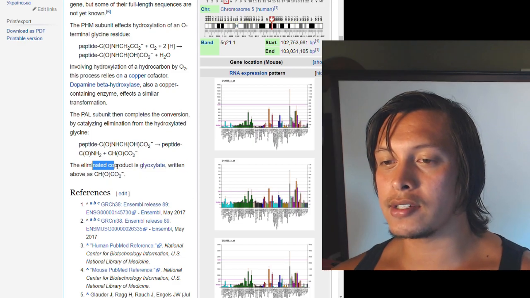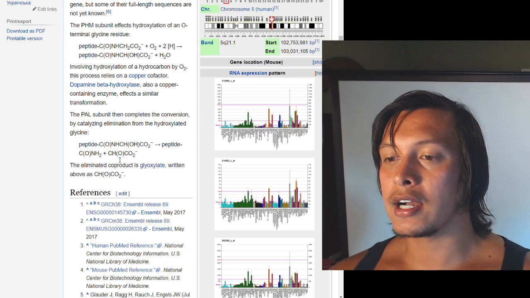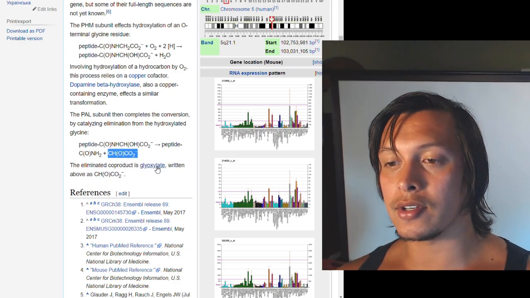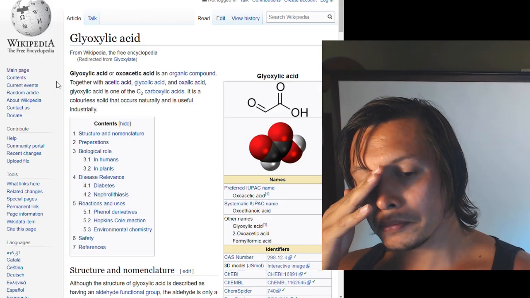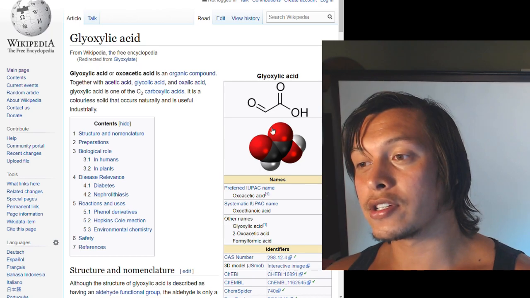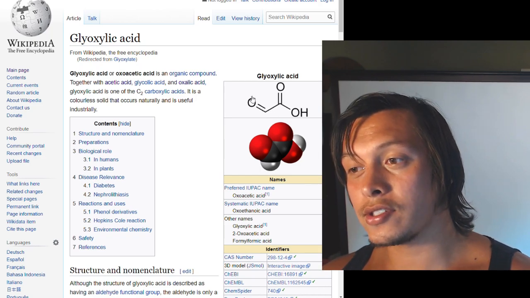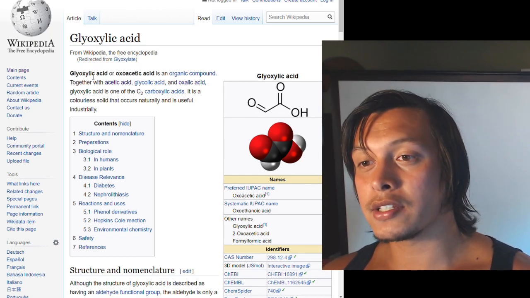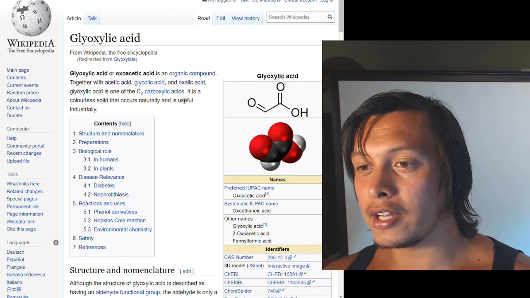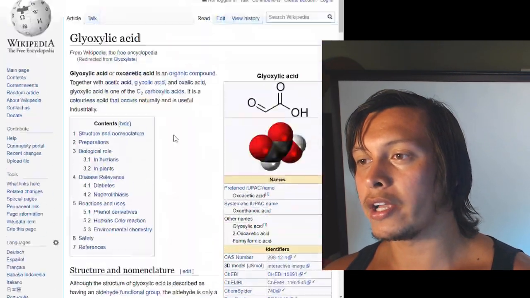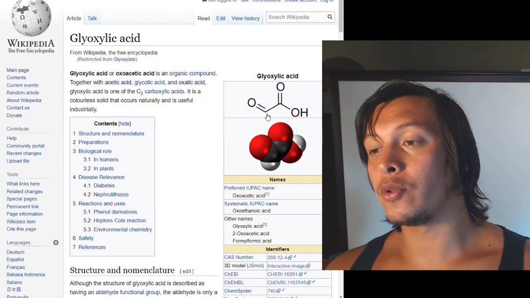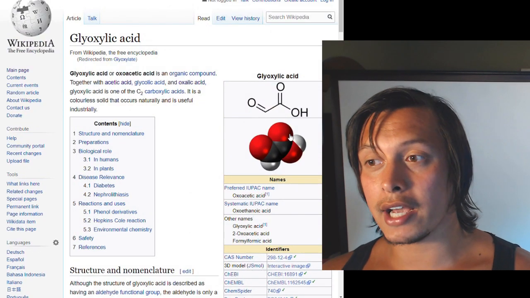So this eliminated product is glyoxylate. So here's glyoxylate. Let's compare it with glycine, since this was originally part of a glycine.